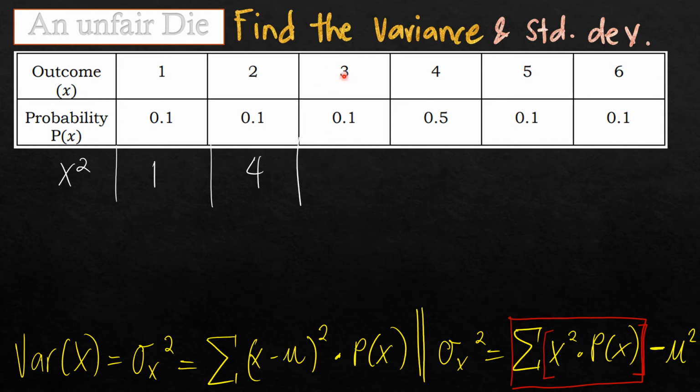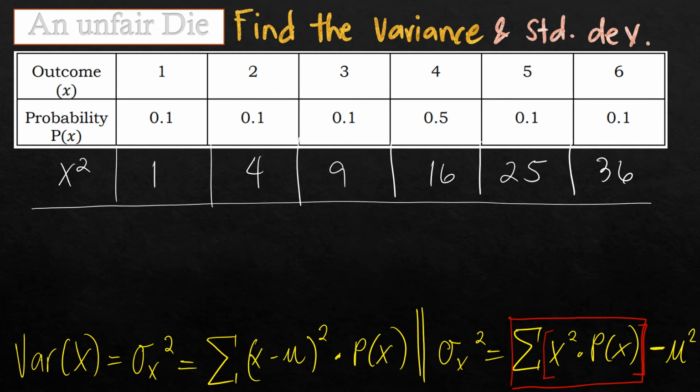Now 3 squared is equal to 9. 4 squared, 16. 5 squared, 25. 6 squared is 36. And from the formula, it says we multiply x squared by p of x. So we multiply these results by their p of x, and we are going to add another row for this with x squared times p of x.